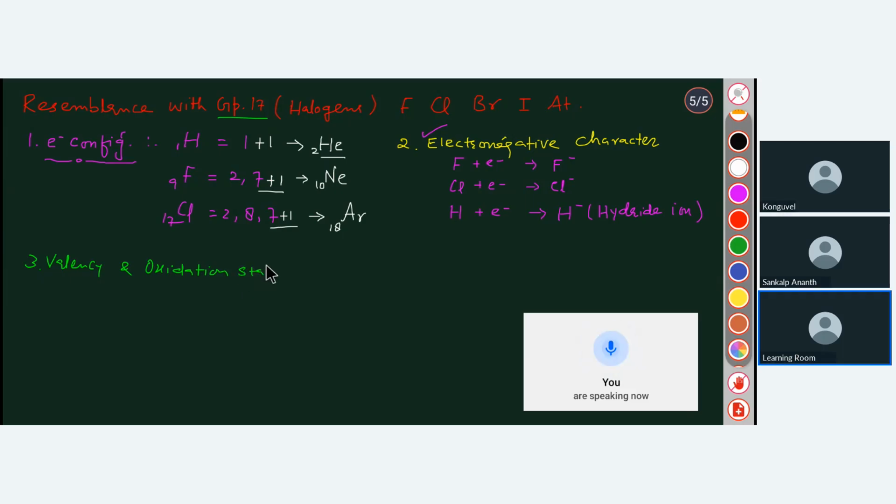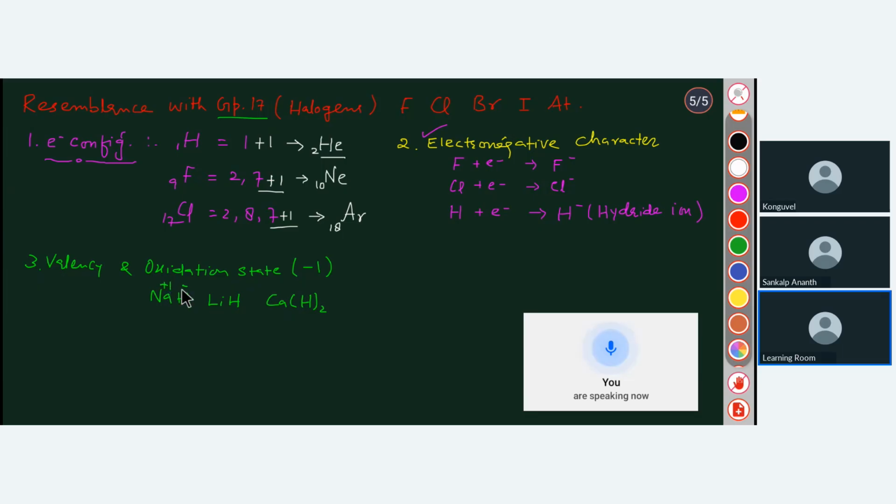So in these halogens, can you tell me what is the oxidation state? -1. Exactly, it is -1. Hydrogen also has -1. For example, the salts NaH, LiH, calcium hydride. In all these you will find that hydrogen has -1.